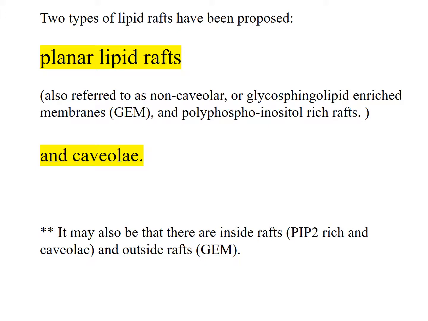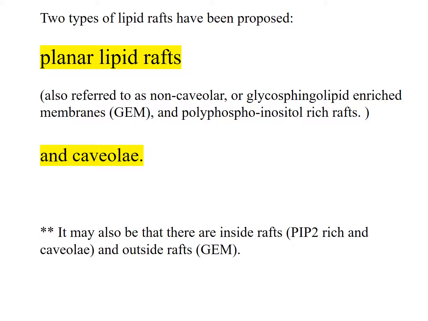So there's two flavors of lipid rafts: planar, which is more a flat lipid raft, so it's much harder to see on a plasma membrane, and the caveoli, which are going to be invaginated structures in a plasma membrane. So you have these more flat lipid rafts and these more caveoli invaginated structures here.